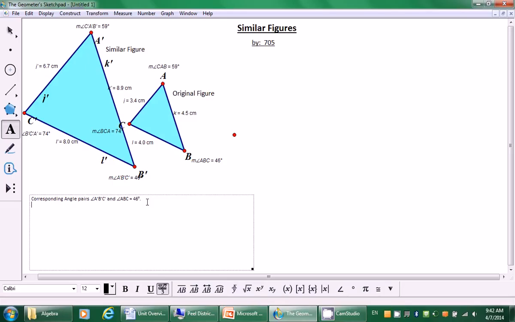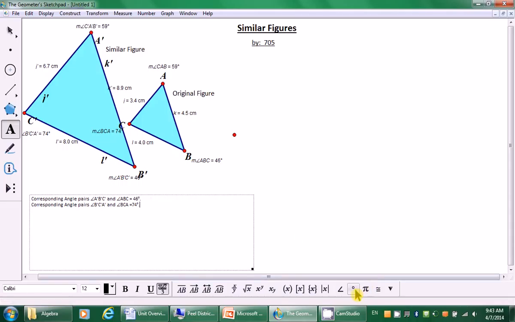So let's fill this out for the other corresponding angle pairs. So let's go to the next pair. How about we go up here? Or how about we go over here? Angle BCA. So angle B prime, C prime, A prime and angle BCA equal, and in my case they both equal 74 degrees.